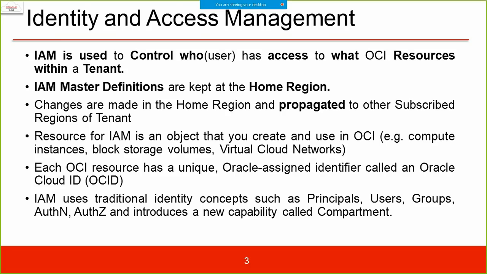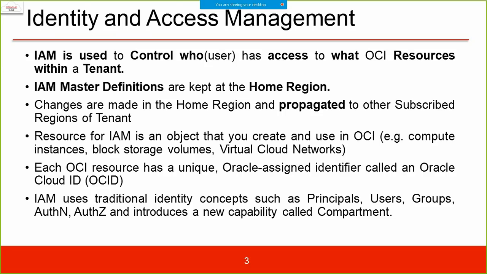Identity and access management. IAM is used to control who has access to what OCI resources within a tenant. IAM master definitions are kept in the home region. This is what I told you, that IAM details are stored in the home region and replicated over the other regions.